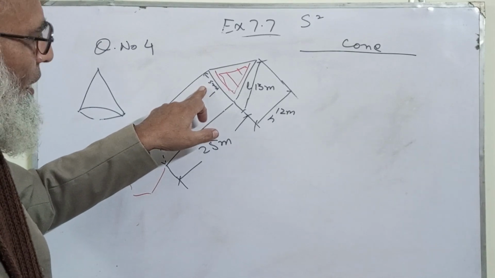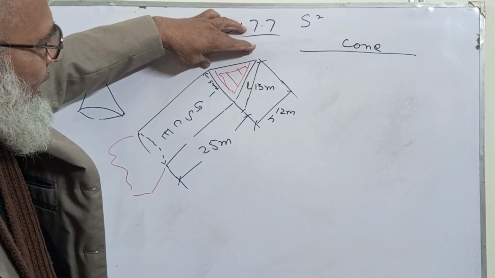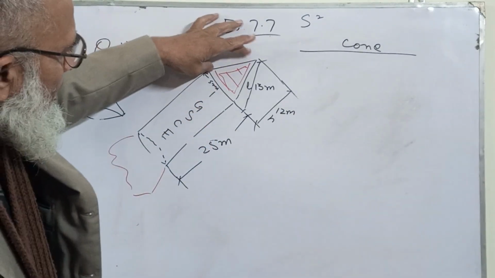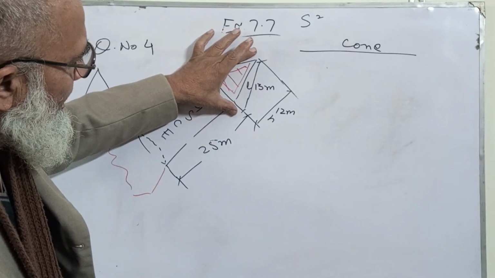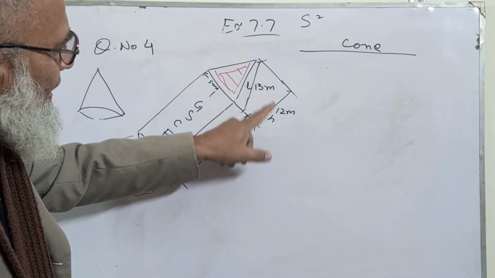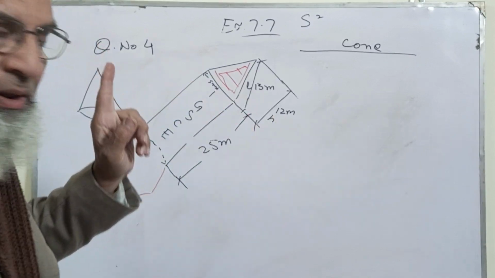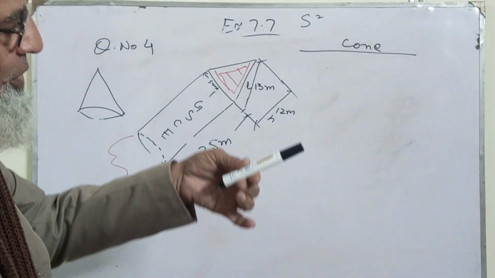Now what about the cone? This cone is attached to this cylinder, and its slant height is 13 meters and the vertical, or perpendicular, height is 12 meters.